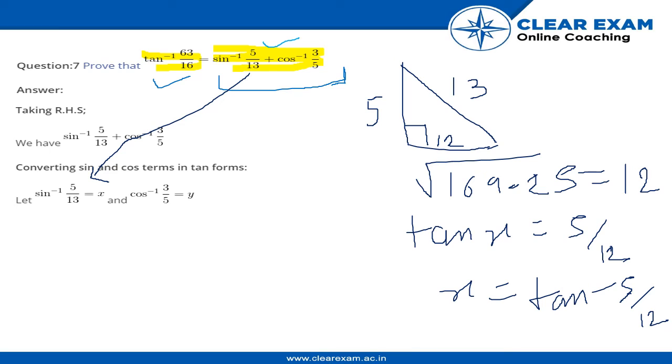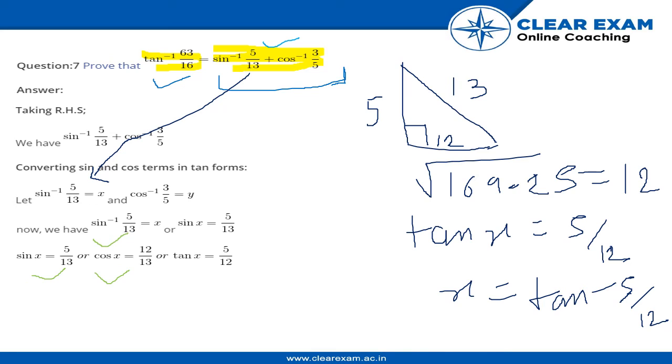Let's see how they have done it. Yes, I think they followed the same approach. They first considered sin inverse 5 by 13 as x and took sine on both sides, writing sin x is equal to 5 by 13. Then they found cos x is equal to 12 by 13 by the formula sin square x plus cos square x is equal to 1.